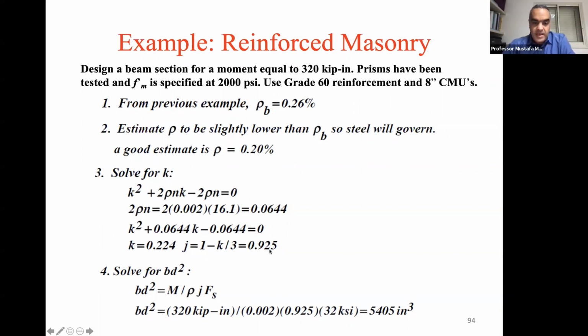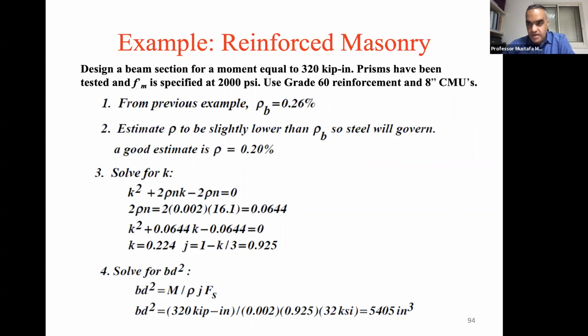So solve for K. I remember this equation. So we have K is 0.224, J is 1 minus K over 3, and we solve for BD squared so we can determine the dimensions of the section. So BD squared is M, the moment, which is given, divided by rho J times F sub S. So we have BD squared is 5405 inch cubed.